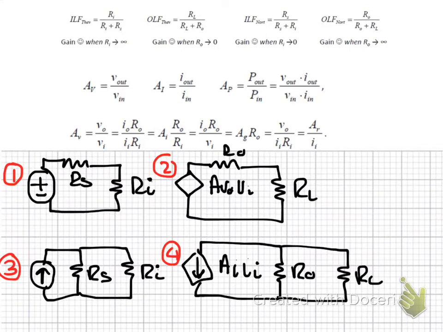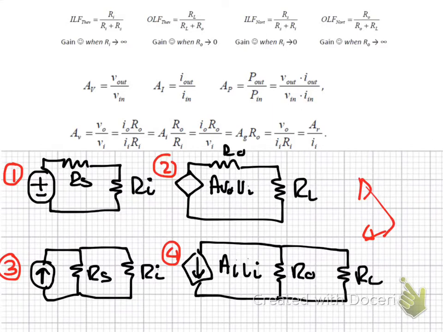Your input loading factor is how much the input is loaded, and your output loading factor is how much the output is loaded. So when it comes to your amplifier, you've got 4 different combinations made out of these 4 stages.